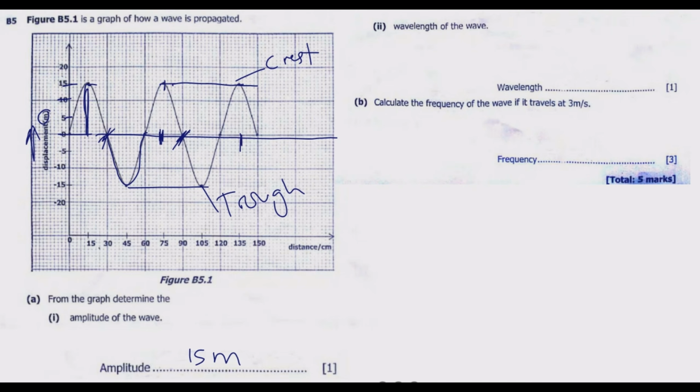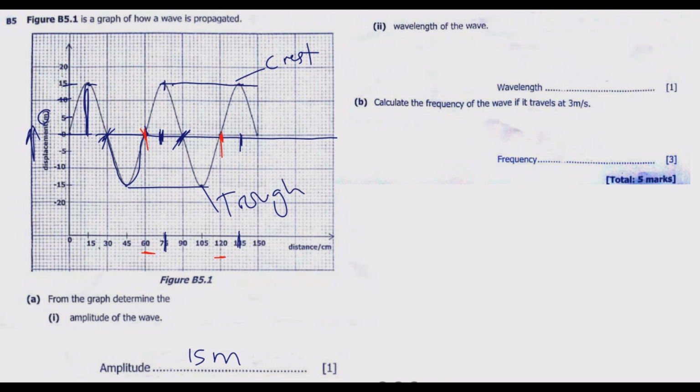What we notice here is we are moving from 75 to this distance. If you pick this one, which is much easier, at this point up to this point, we'll say this is 60, then this is 120.